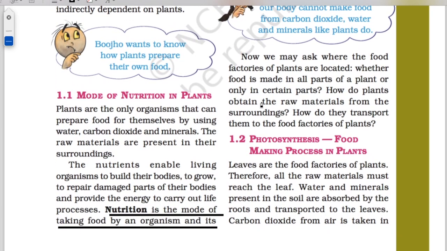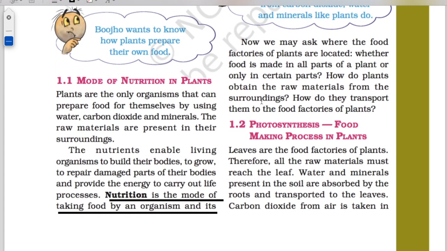That means the way we take our food and use this food to do different functions of our body is known as nutrition.